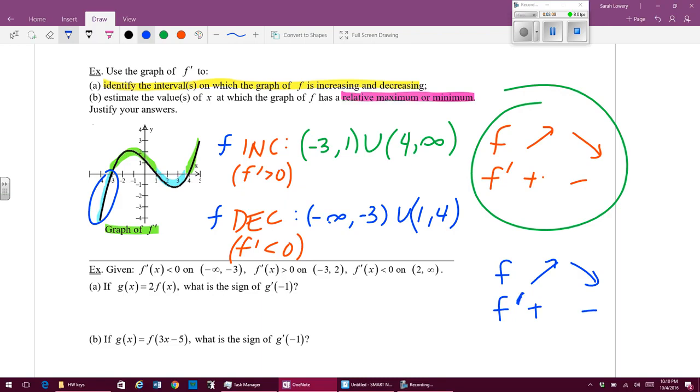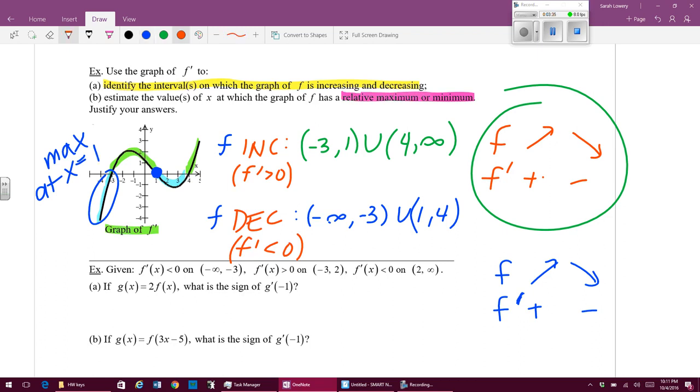So is there anywhere on my graph where f prime switches from positive to negative? Well, right here, f prime switches from positive to negative. So that tells me that I'm going to have a max at x equals 1. That's the only place where it switches from positive to negative.